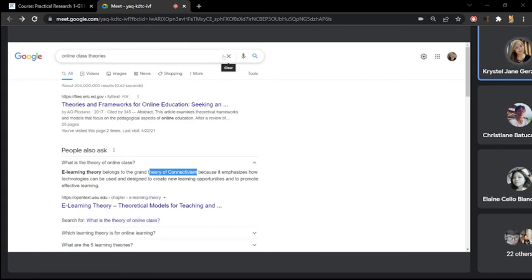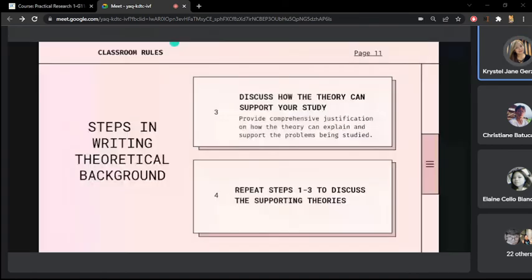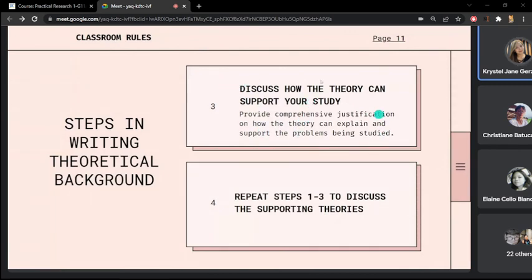And of course, it's important that you have the full grasp of what the theory is all about so you know how to apply this theory to the context of your study. You should be able to explain the application part, discussing how the theory can support your study, with your own discussion on how you think this can apply to the study.